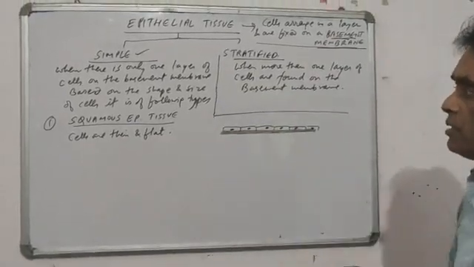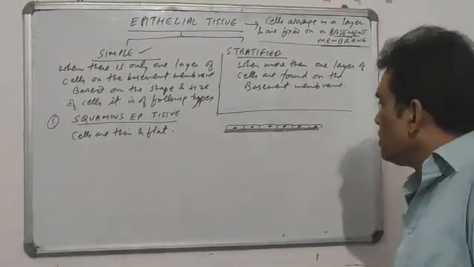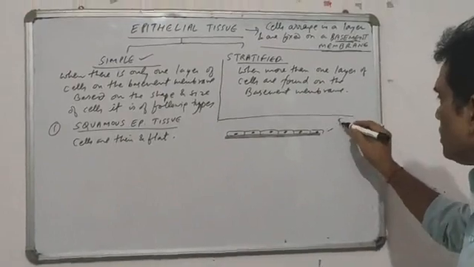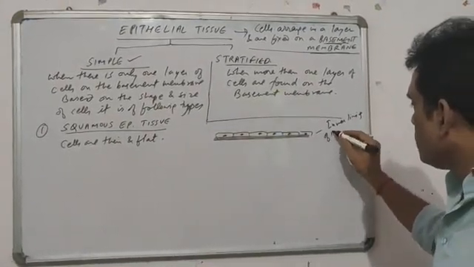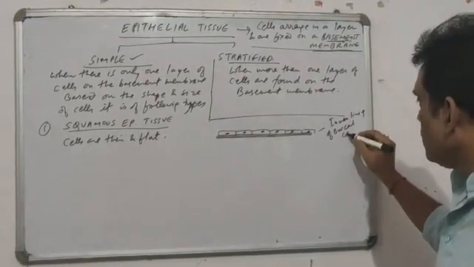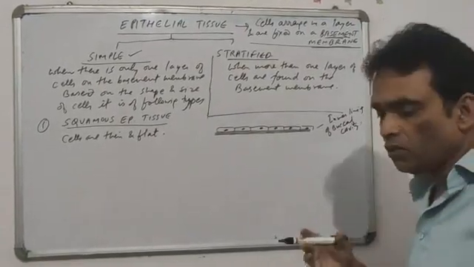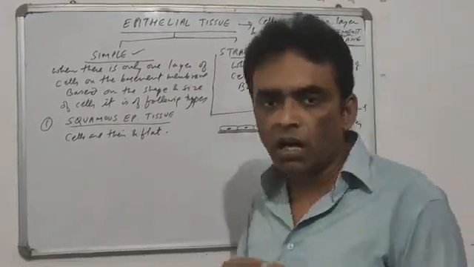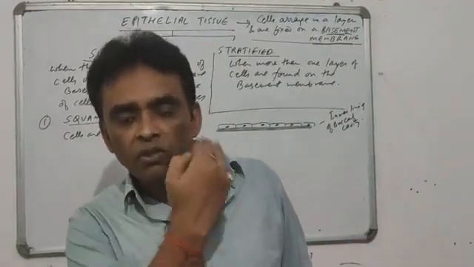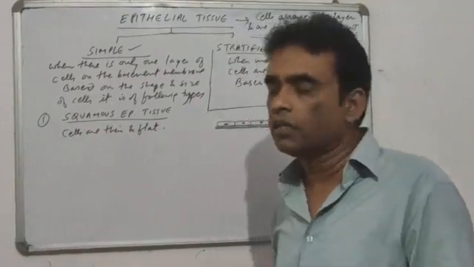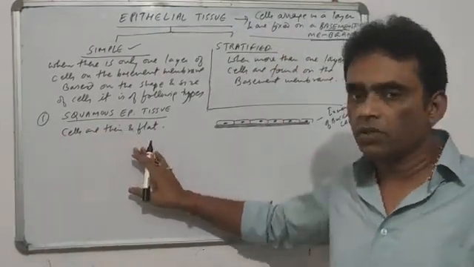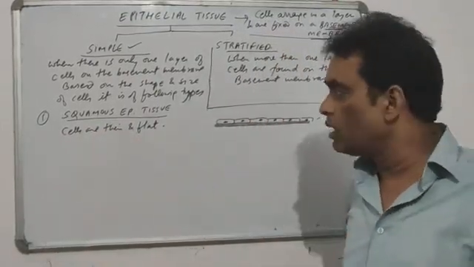Then it is called squamous epithelial tissue, generally found as the inner lining of your buccal cavity. Any such smooth membranes inside the organs, if you lift your tongue inside your cheek, the inner half of the cheek, you will see there is a thin layer of cells that is called squamous epithelial tissue. The cells are very thin and flat.